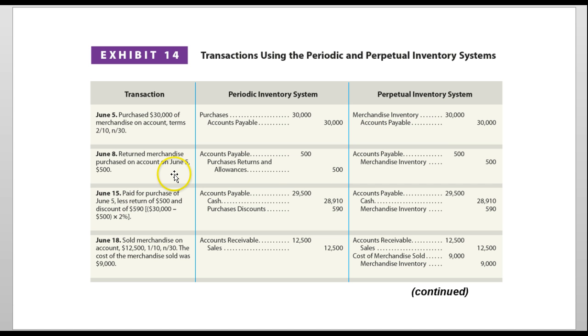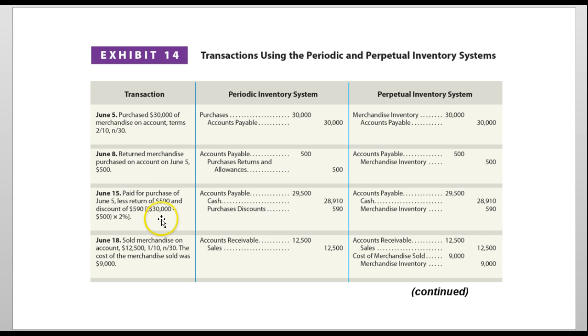Now if I return some of that inventory, I'm going to obviously take it out of accounts payable because I don't want to pay for it. But I'm not going to take it out of inventory. I'm going to put it into another account, which is called purchase returns and allowances. This lets you keep track of how much you've returned.